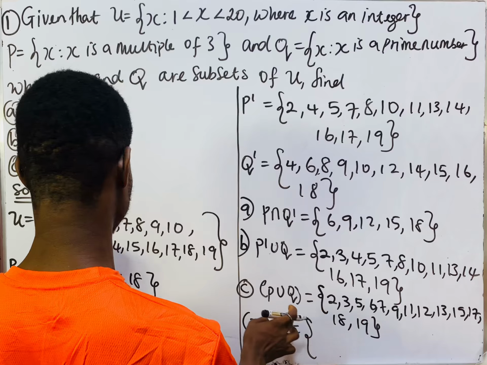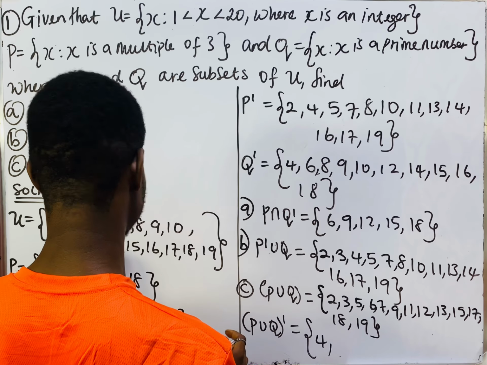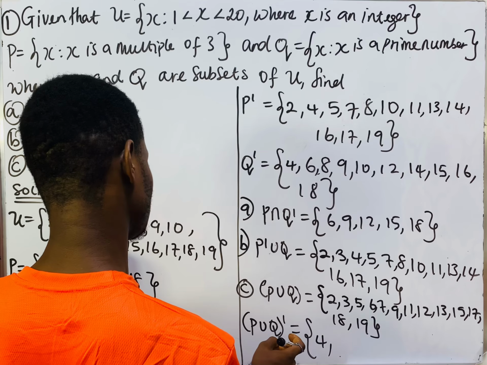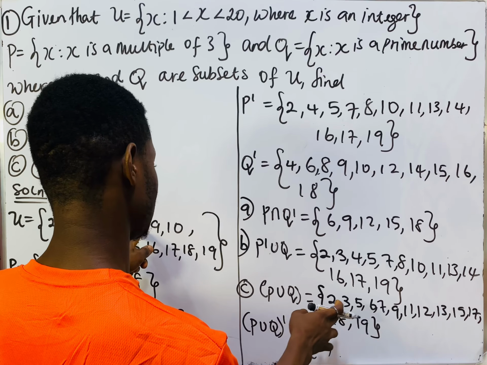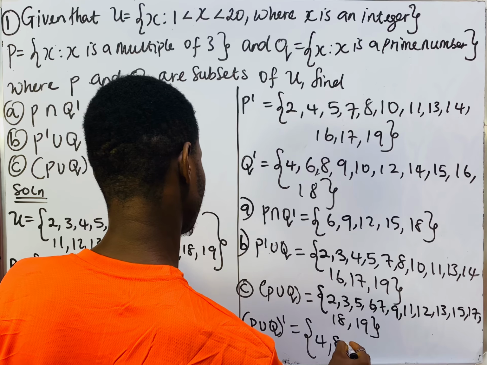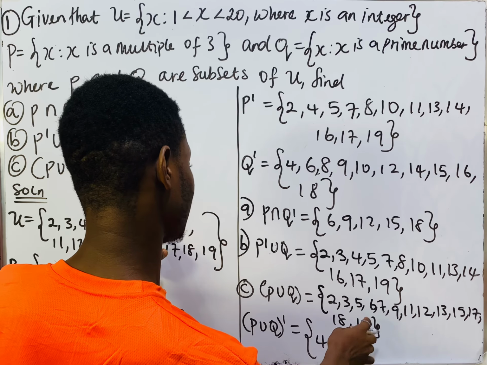Now let's look for it. 2 is there, 3 is there. So we start with 4. 4 is in the universal set, but it's not here. 5 is there, 6 is there, 7 is there, 8 is not here. 9 is there. What of 10? Is 10 here?